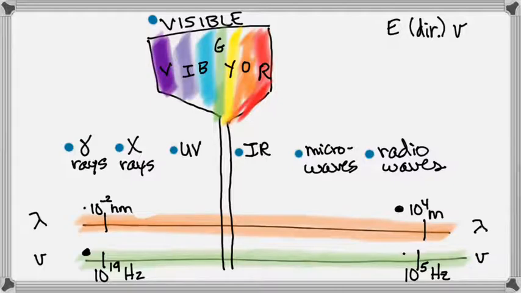You've already noticed from the numbers that frequency and wavelength move in opposite directions. So we say they are inversely proportional to each other. Inversely proportional, meaning as one of those variables increases, the other one decreases, and that can go either way.